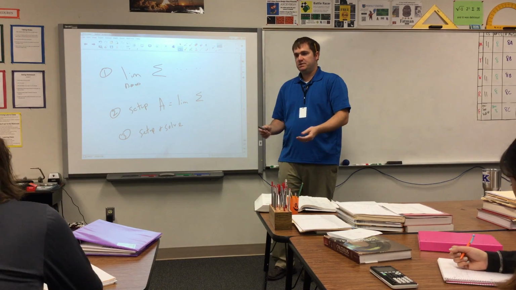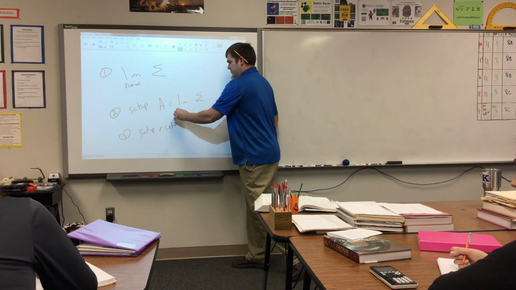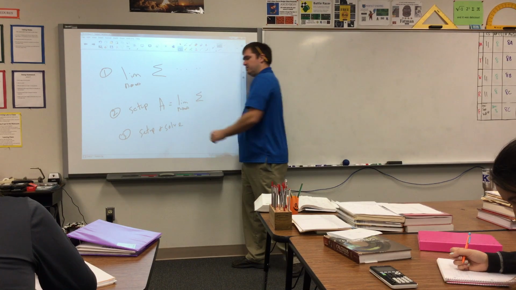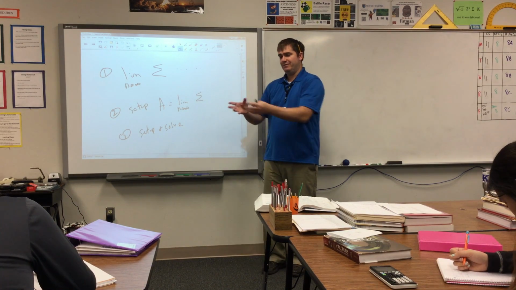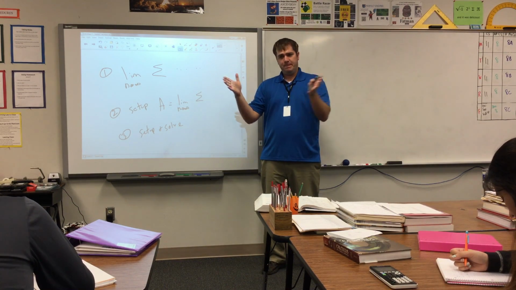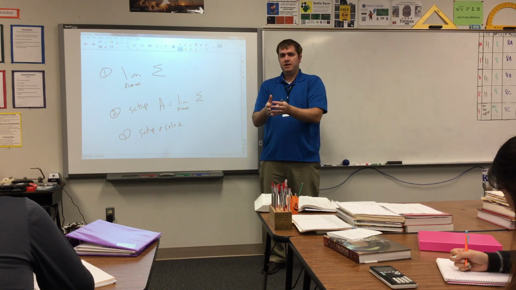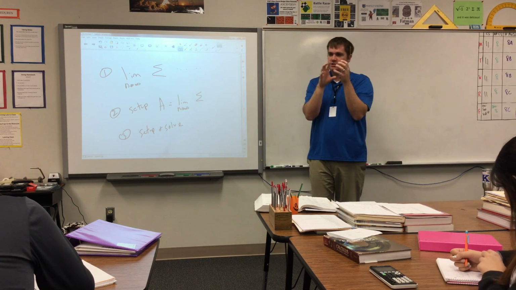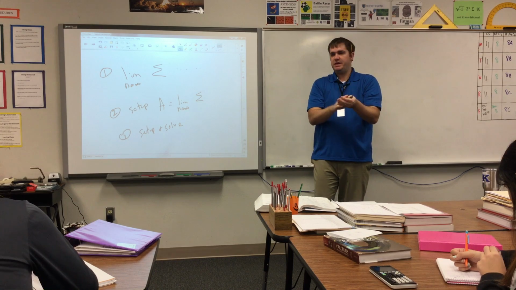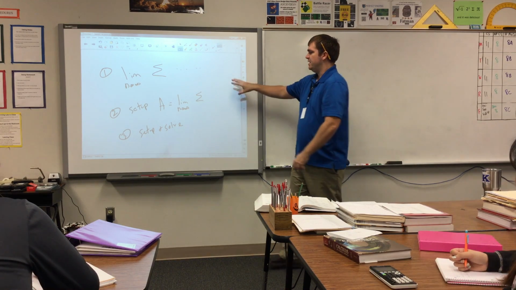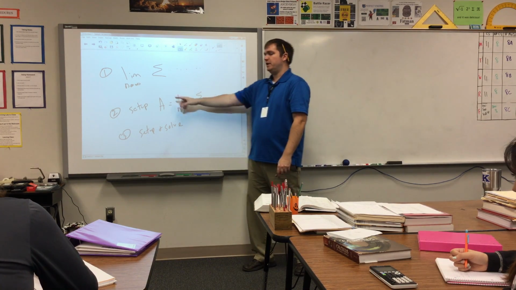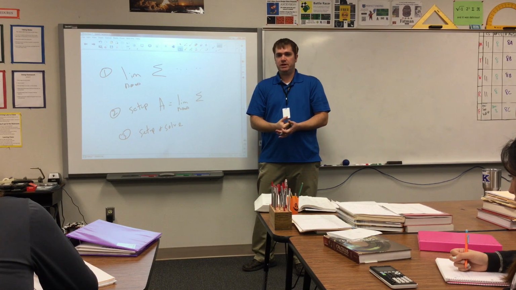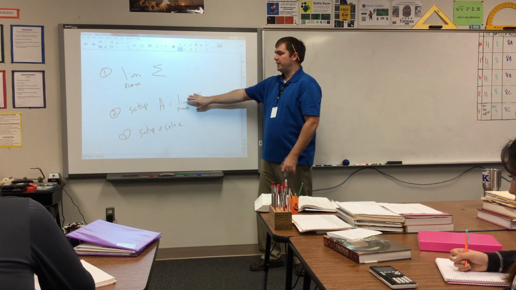Basically the premise is that if you figure out the limit as the number of rectangles approaches infinity, well, if you have an infinite number of rectangles that are infinitely small, and we see that it's approaching a certain number, then we can say conclusively that that is equal to the area under the curve exactly. This is no longer an approximation.